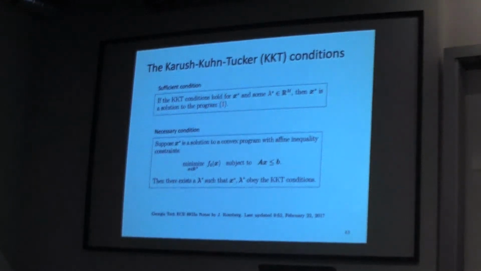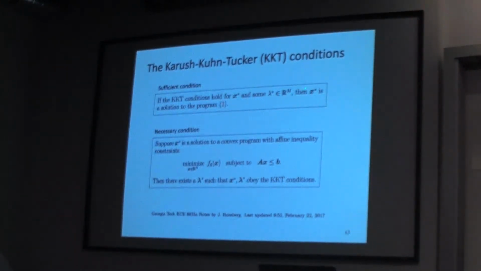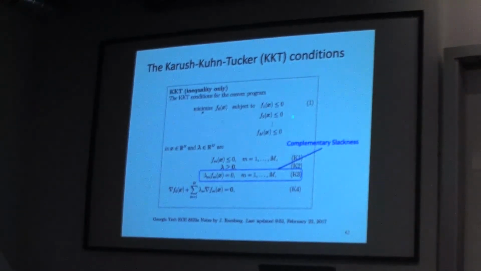What kind of conclusions can we draw? So here are our general results. Again, you don't need to know how these are proved, just to give you a sense of why we can use them in this way. The first one is the sufficient condition. If you can find a pair of x star and lambda star which satisfy the KKT conditions, then we can claim that x star is a solution to the corresponding constrained optimization problem.